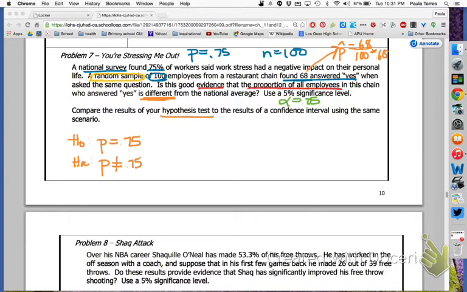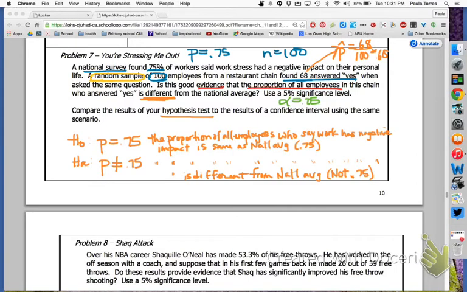And then I have to fill in the words. So for the null, the proportion of all employees who say work has a negative impact is the same as national average, in other words 75%. And the alternative is that it's different from national average, in other words not 75%.